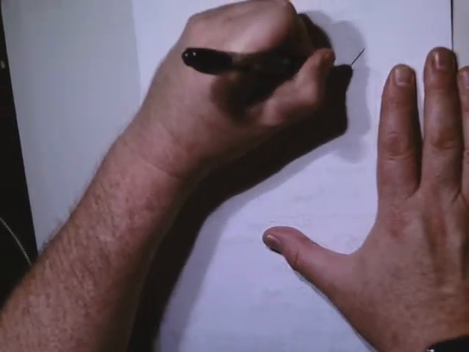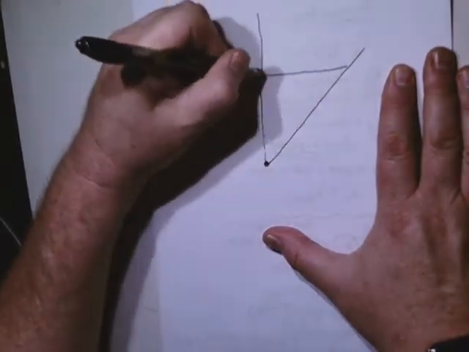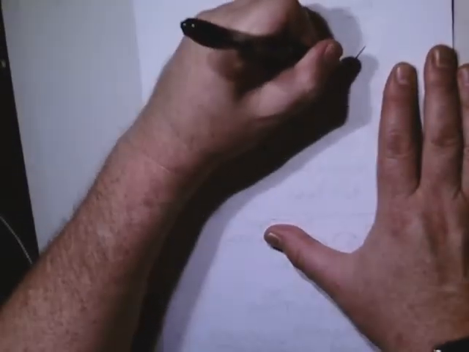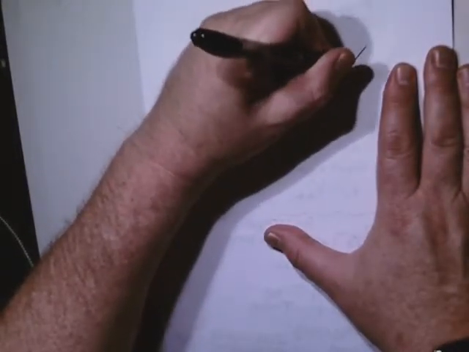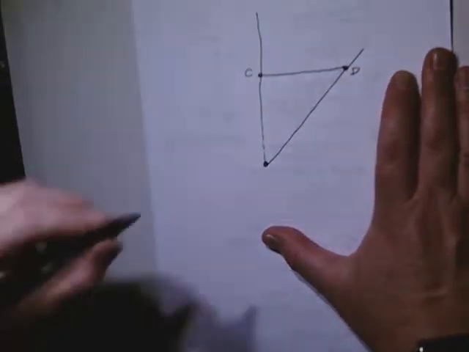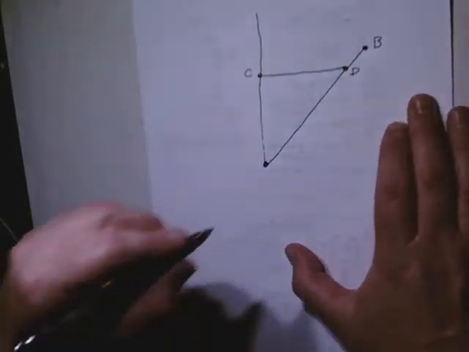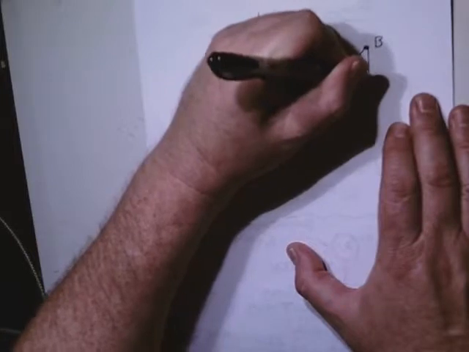That is C, D, B, and M. They give you theta, they give you Y, and they give you the length of the pole.